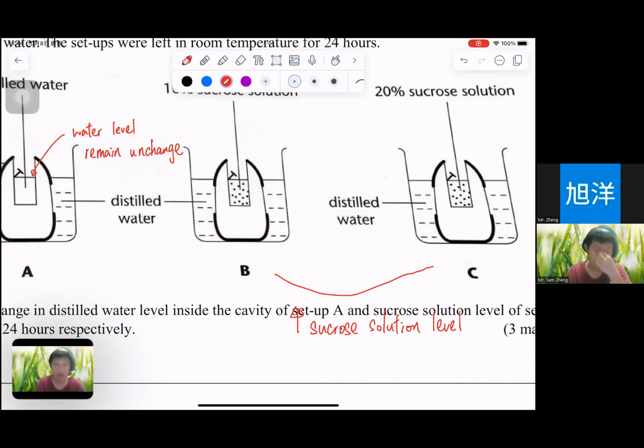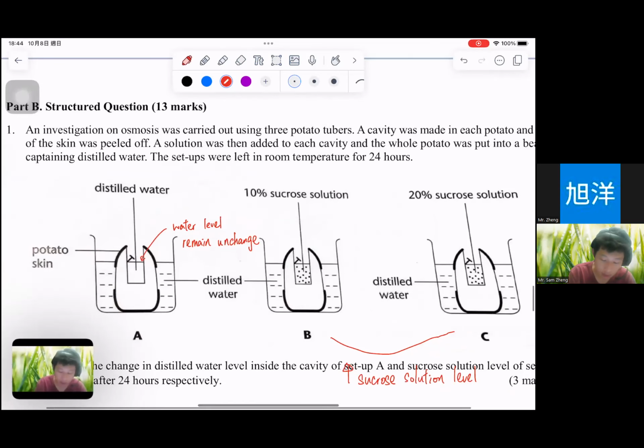So in this case, maybe many of you would directly think that the potato here, in fact, acts as a cell membrane, with similar functions to a cell membrane.